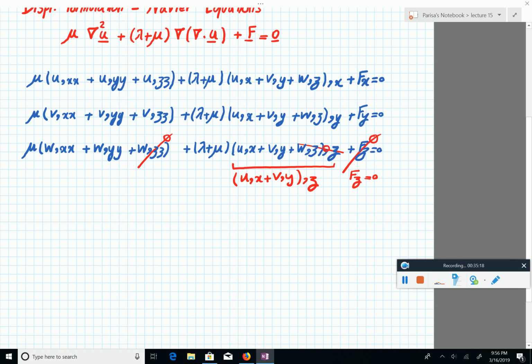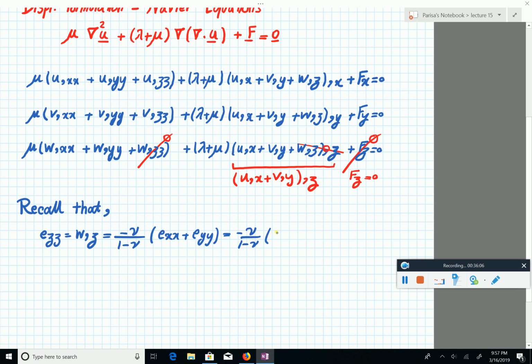We are going to use the relationship between EZZ, EXX, and EYY to write W comma Z in terms of U comma X and V comma Y. So we recall, we said this before, that EZZ, which is W comma Z, can be written in terms of EXX and EYY, and these are nothing else but U comma X and V comma Y.